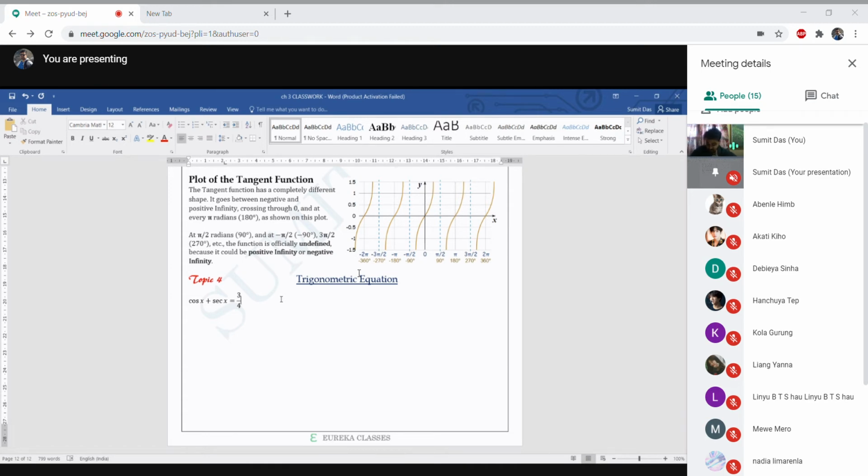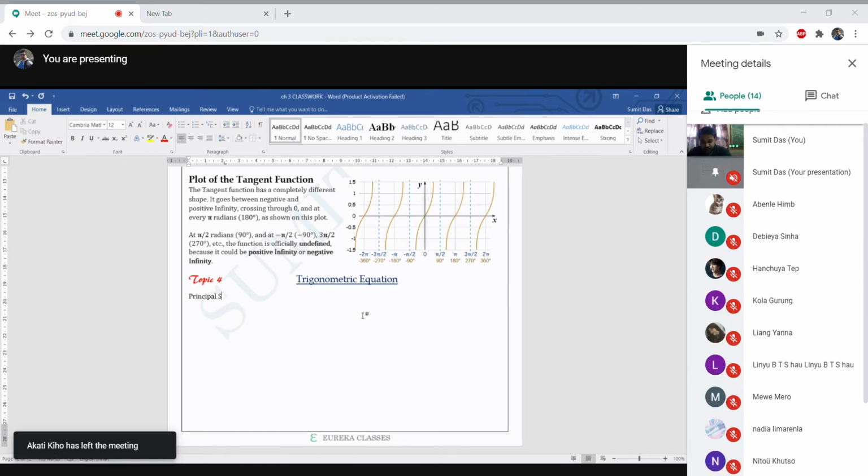This is what we learn in today's class. In trigonometric equations, we basically have to solve trigonometric equations. There are two parts. One part is called the principal solution.